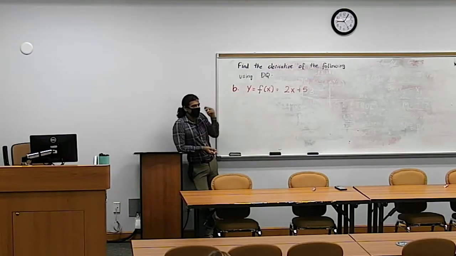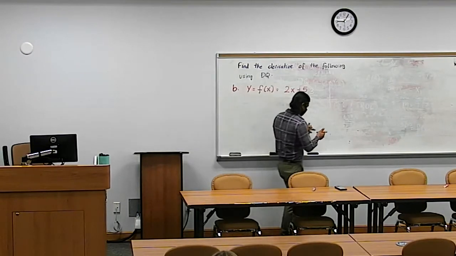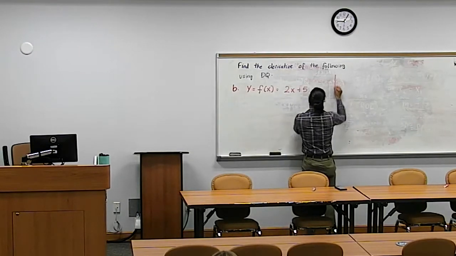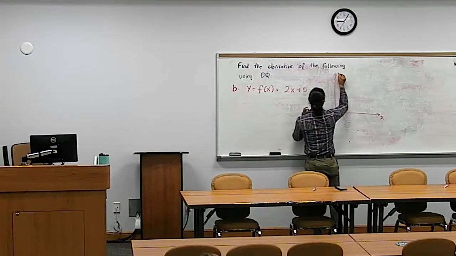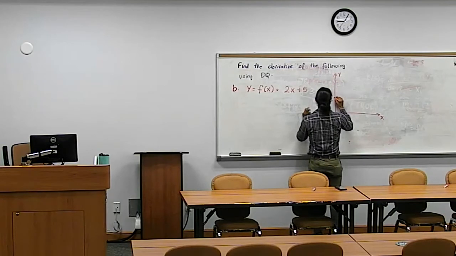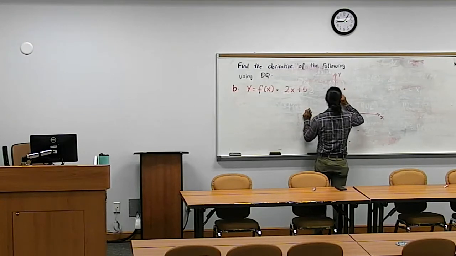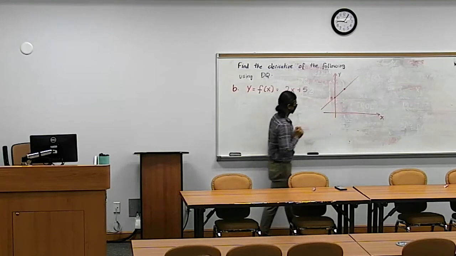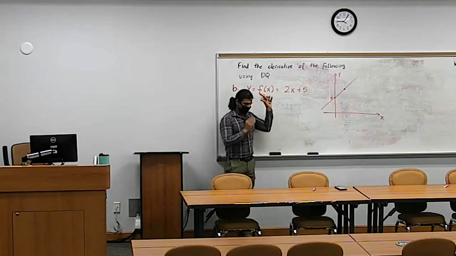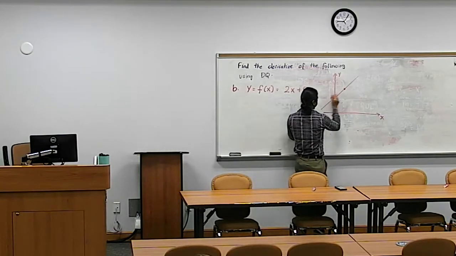Algebra, people. Linear, very good. That's a linear function. So if we graph it, it is going to look like a line. It is an increasing line, so this point is 0, 5.